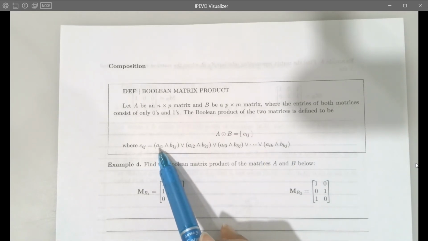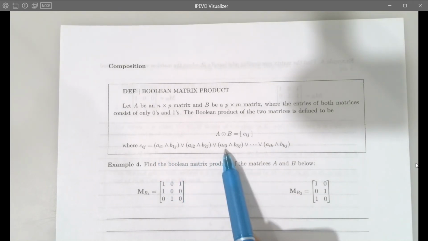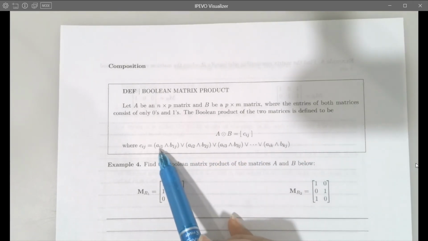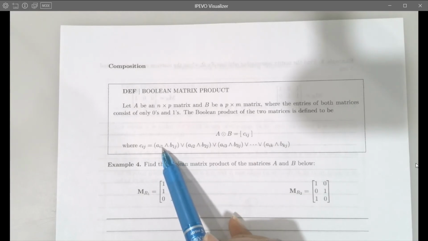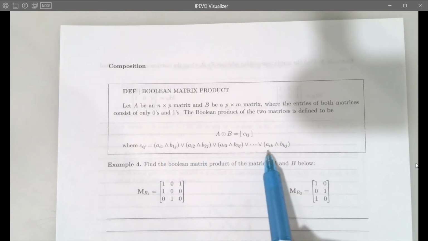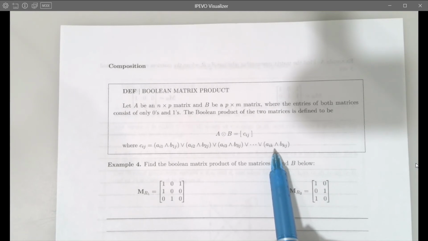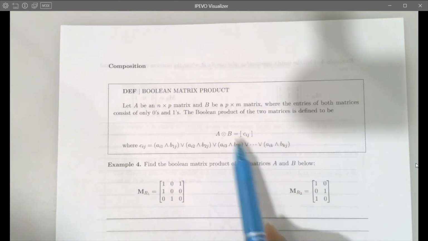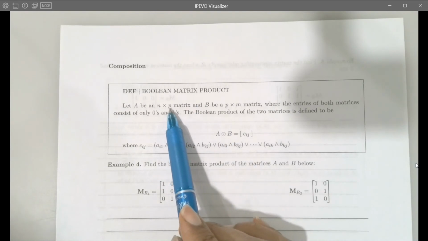So if you notice, the outer subscripts are always i and j, i and j, i and j. The only ones that change are the middle ones. So it goes 1, 2, 3 all the way down to k, where k should be our p, actually.